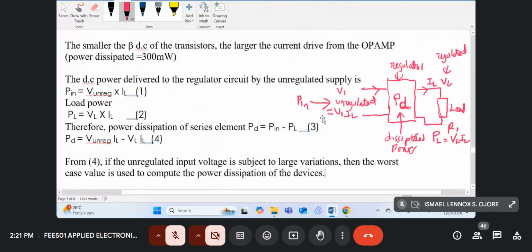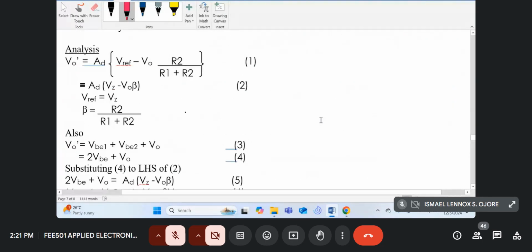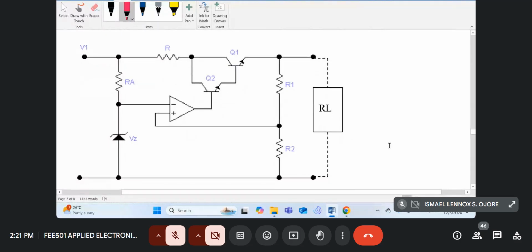Remember, this is what I'm saying. If you look at this circuit over here, let's assume the design voltage V0 is equal to 10 volts, maybe at 10 amps.